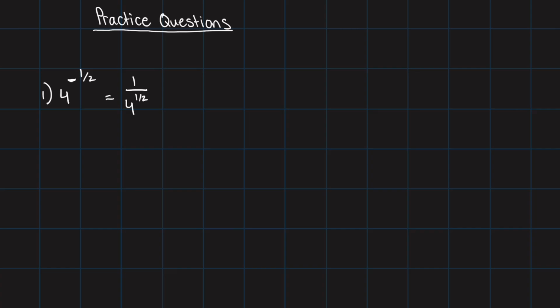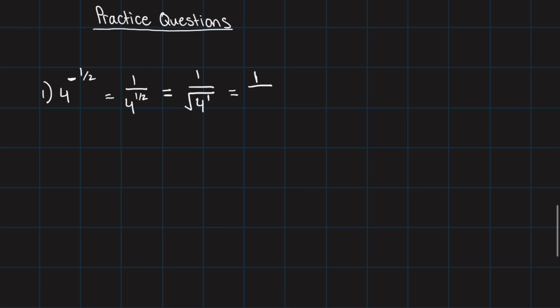Now, to write this in radical form, we just learned that it's 1 over the square root of 4 to the power of 1. And if you want to simplify it, or evaluate it, you know what the square root of 4 is, and it's 2. So that just gives you 1 over 2.